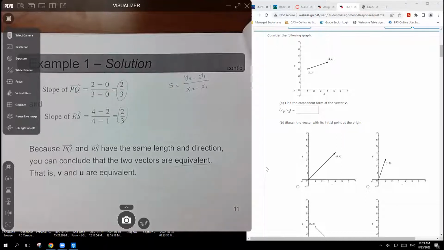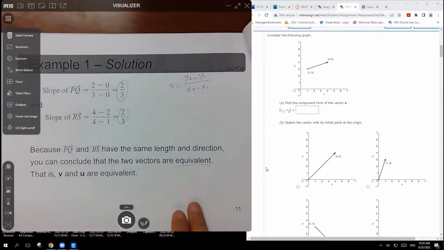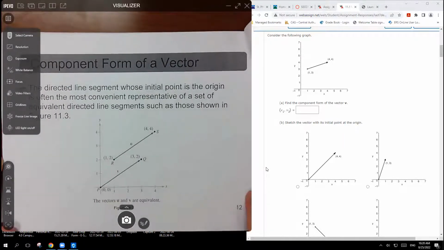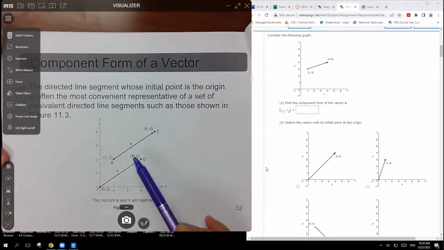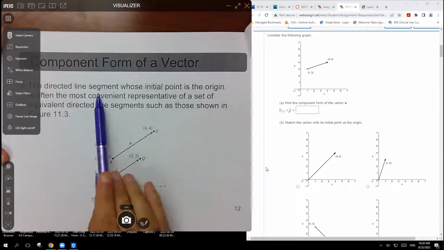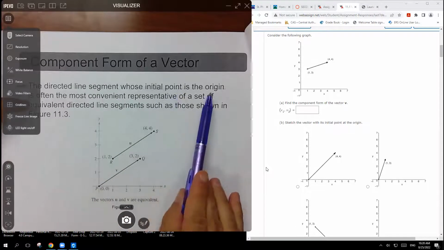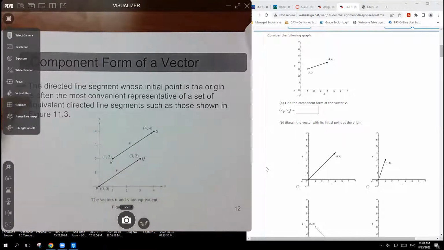To prove the same direction, we use the slope. Let's extend that to get a more advanced rule. If you look, for the directed line segment whose initial point is the origin, we're just going to add more things on these two, the distance formula and the slope.